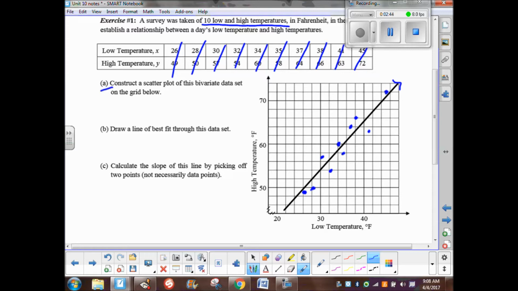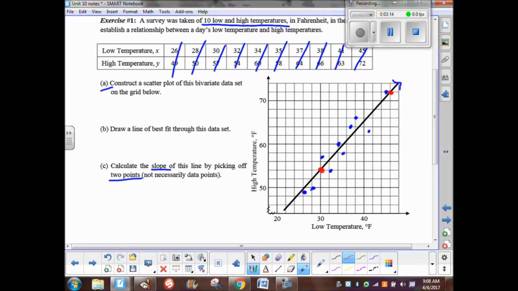Once we've drawn that line in, part C says calculate the slope of the line by picking two points, not necessarily data points. So I want to pick two points off of the line I drew. This one right there looks pretty good, and then that one right up there looks pretty good.